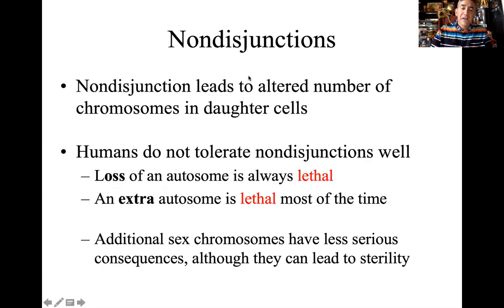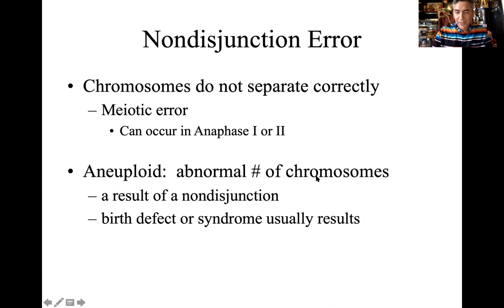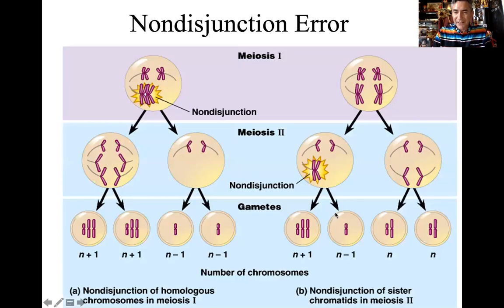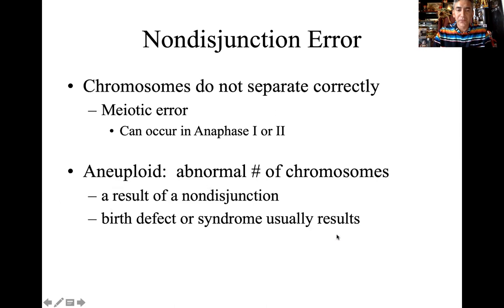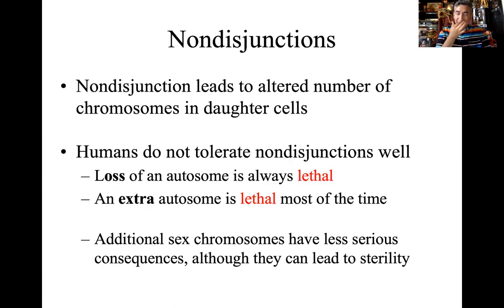So again, if there is a loss of an autosome, if we don't inherit enough autosomes, that is always a lethal combination. So early in development, not enough chromosomes were inherited by the fetus, so the fetus doesn't have enough genetic instructions to form the body properly.